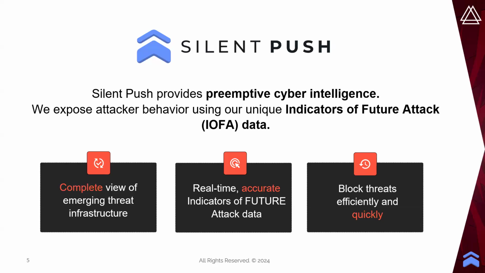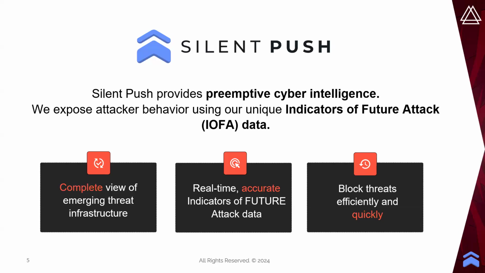To achieve this, we leverage advanced data collection techniques like DNS resolution and web scanning. These capabilities allow us to map out threat actor infrastructure in real time, providing a comprehensive view of their operations. For example, by resolving DNS records regularly, we can detect changes in uncovered domains or subdomains linked to APT, or advanced persistent threats.